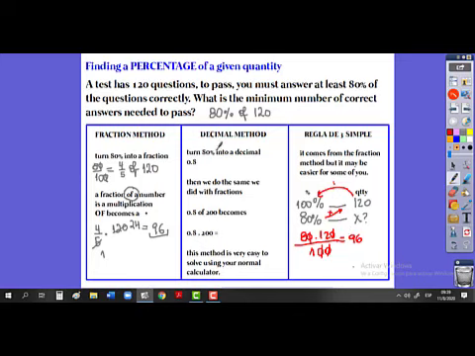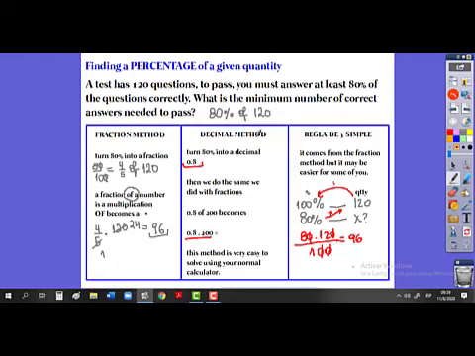The other method is the decimal method. Now that we know that a percentage can be a fraction, but it can also be a decimal, we could directly convert 80% into a decimal, which is 0.80 or 0.8, which is the same thing. And then we do the same that we do with fraction, 0.8 multiplied by 100.